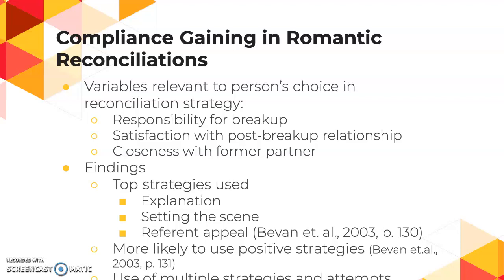The partner's relational history also may cause the partner attempting reconciliation to use alternate compliance-gaining techniques than they would use typically or in other situations. 66% of the participants in the study suggested using multiple strategies in order to attempt reconciliation. Reconciliation also was found to be perceived by many as a situation that involves numerous attempts at gaining their ex-partner's compliance, because it is likely to be a fairly big decision for that person.